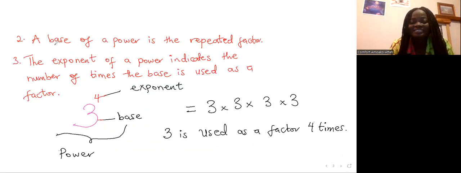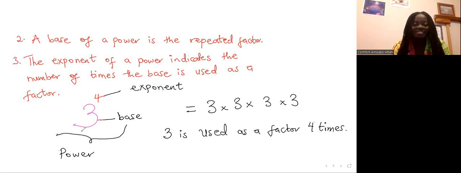A base. When you talk about the base of a power, it is the repeated factor. The exponent of a power indicates the number of times the base is used as a factor.